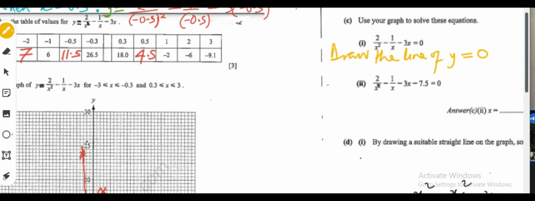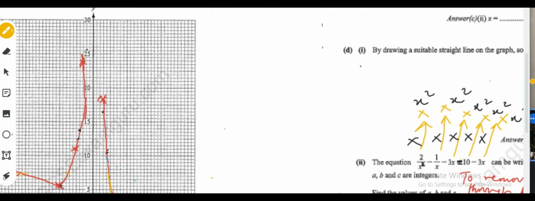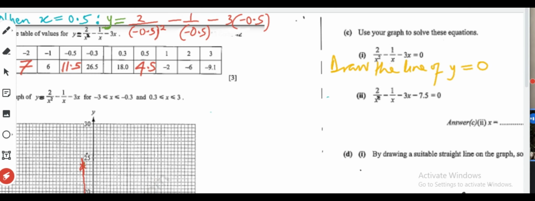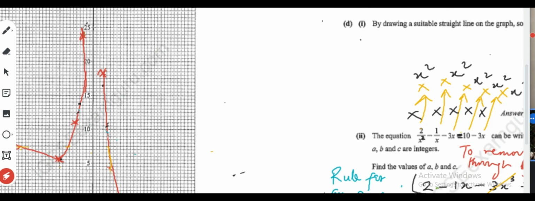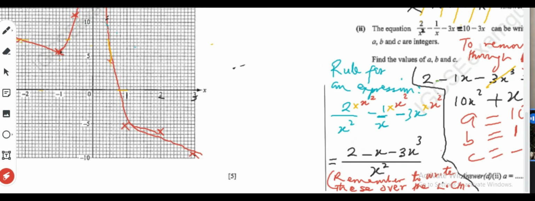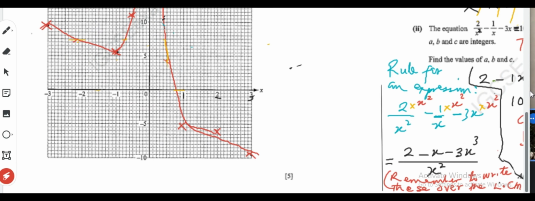So let's draw it, because y is now replaced by 0. All of these are still the same. It must be the same for you to conclude that. Can you draw the line of y equals 0 on this graph?